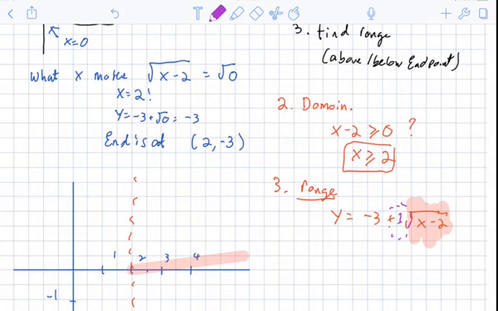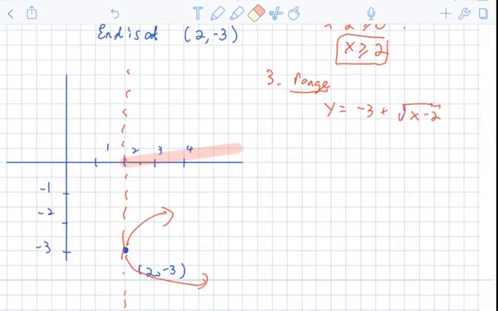How does this affect the outputs? Well, because the square root term is positive for any value of x, it means that the output is always going to be bigger than minus 3. Because as this term increases, it's going to get bigger than minus 3, and it's going to get more and more positive. So it's pointing upwards.